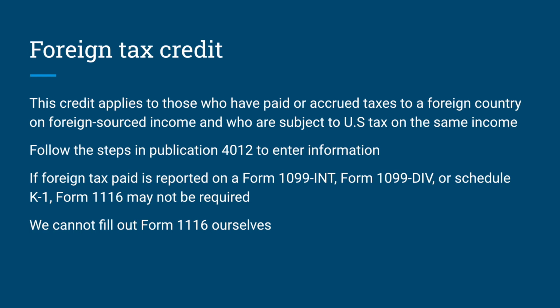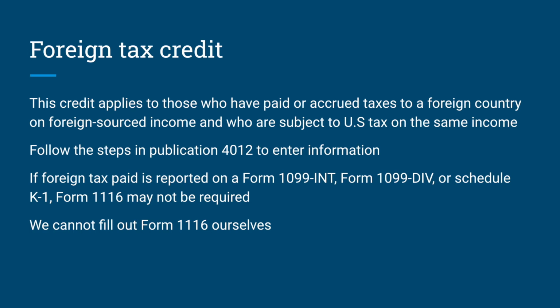And if foreign tax paid is reported on Form 1099-INT or Form 1099-DIV or Schedule K-1, a specific form, which in this case is Form 1116, may not be required. That's also important because we cannot fill out Form 1116 ourselves. So if it's one of those specific forms there, or they provide us Form 1116, we'll be able to enter the information.